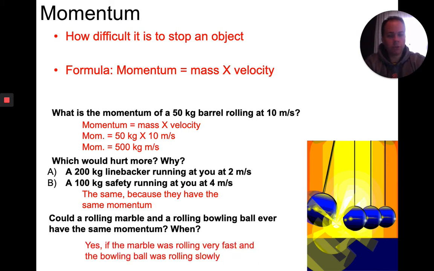If the marble was rolling very fast and the bowling ball was going very slowly, then they could have the same momentum. So momentum is dictated by both the mass of the object and its velocity.